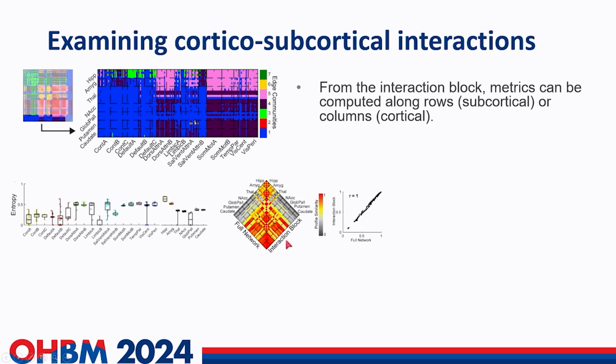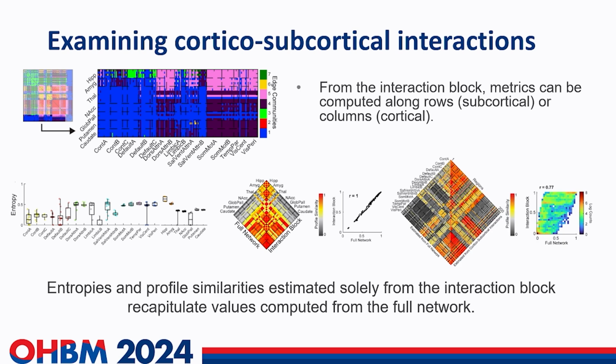But if we only take the edges from the interaction block and compute the similarity matrix, the r is 1. They're essentially identical. So you can estimate the similarity of edge community structure solely from the interactions between the cortex and the subcortex without the full network.